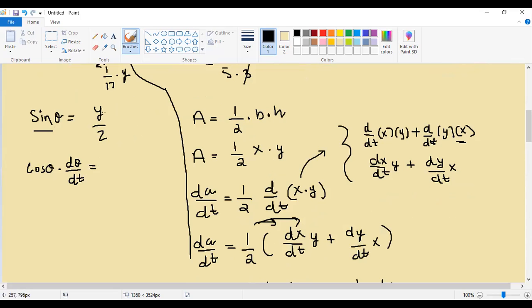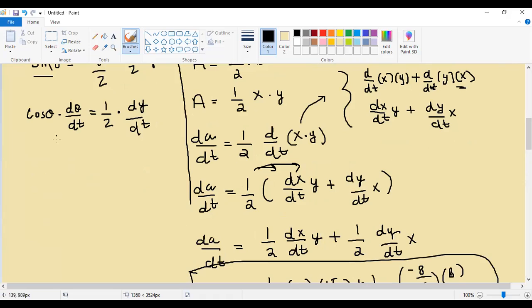And y over z, we know that this can be expressed as, again, 1 over z multiplied by y. And of course 1 over z is a constant, so we can just multiply this by 1 over z. And then the derivative of y is just dy over dt. And of course, we said that we wanted to solve for d theta over dt, or the change in angle with respect to time.